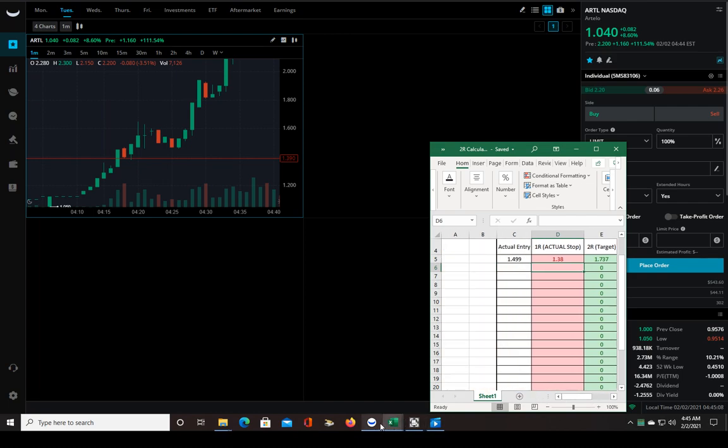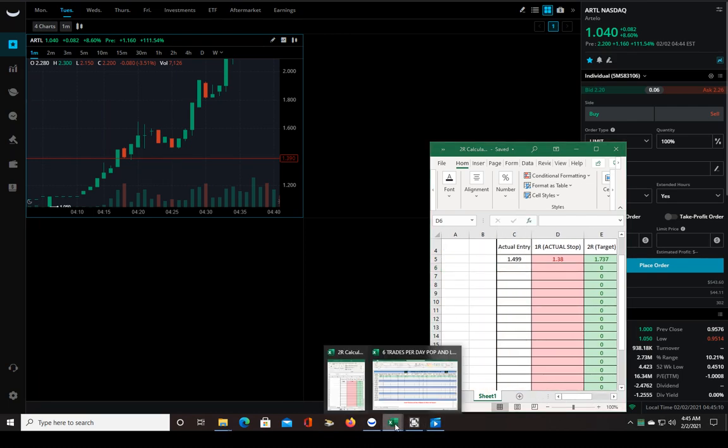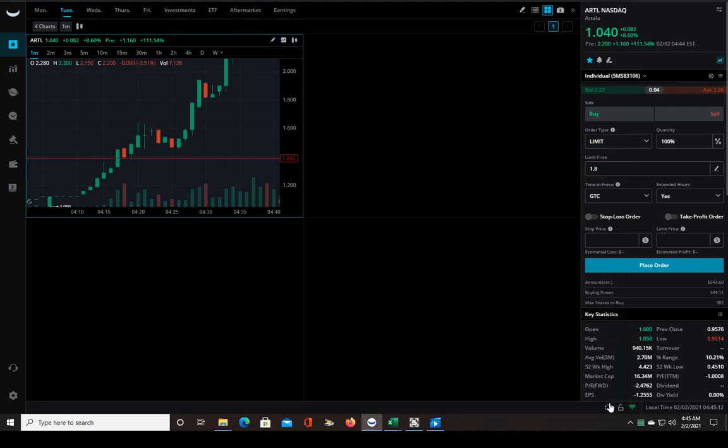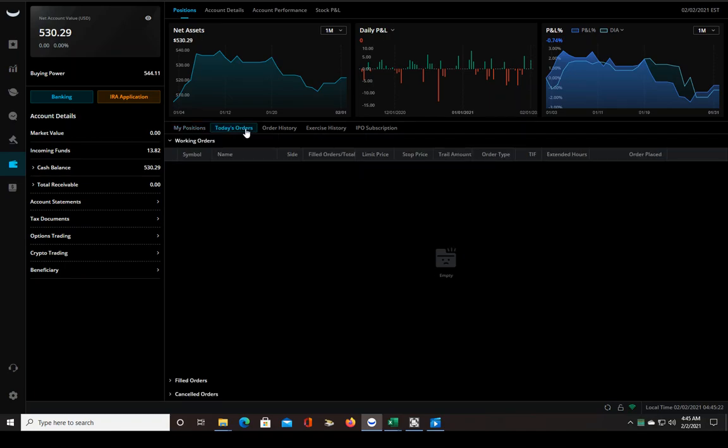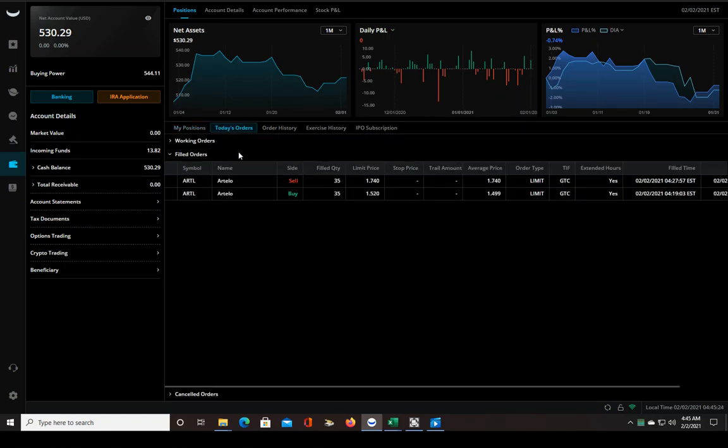But luckily that led to, I'm going to have to show you on my spreadsheet, because I don't think the P&L is updated, but you can tell from this. See, the buying power went up to 544.11. You can see my orders right here, and the time and date and everything.